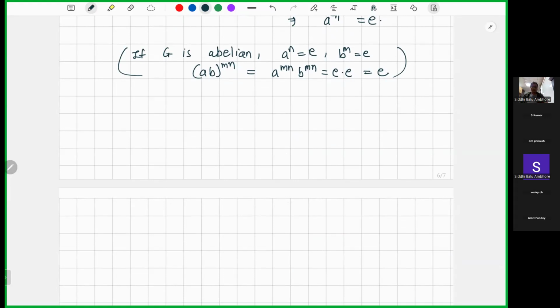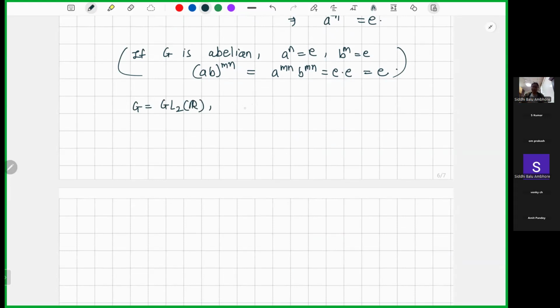Okay, so any guess what to choose? We can choose this one: let G be GL2(R). This is an infinite group, that's not a problem.